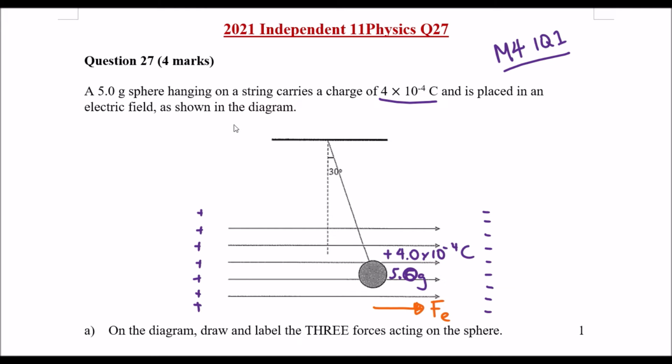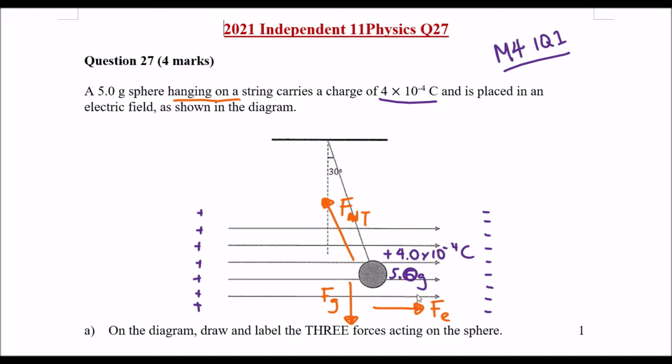It's hanging on a string, so there is a tension force pulling it up. If the string wasn't there, it would fall down, so there is also a gravitational force. I should change that to a T, not an N.